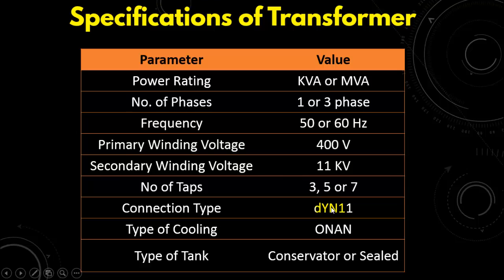As it is written in capital letter, it means that the star point has a neutral. Type of cooling, here oil natural and air natural is the type of cooling. And then the type of tank, it can be a conservator or a sealed type. As I've already told you, in the sealed type transformer there is no breather and conservator.